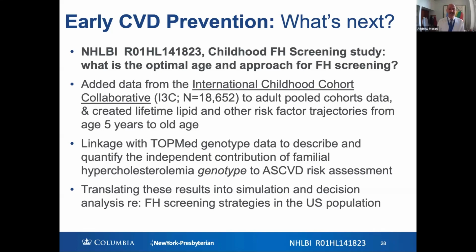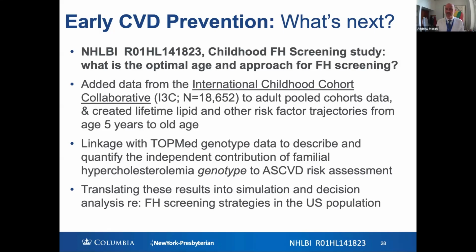So for this study, we added to the pooled cohorts that I showed you before, the adult cohorts, this International Childhood Cohort Collaborative. It's over 18,000 kids who are enrolled and followed for many years for their risk factor information and cardiovascular outcomes.